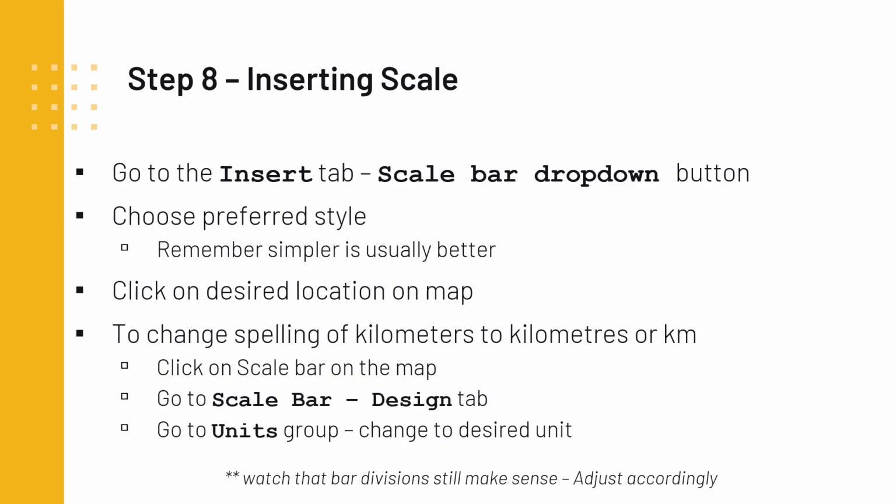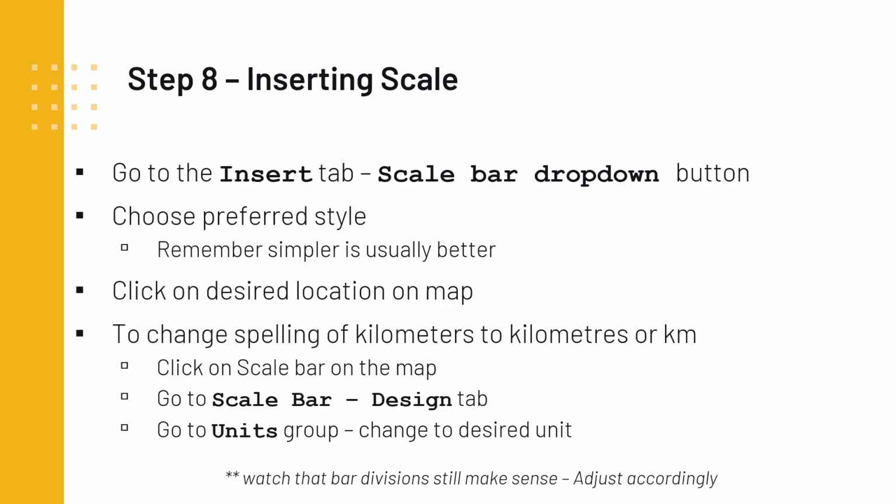If you'd like to adjust the spelling of kilometers from ERS to RES, which is typically an American versus a British spelling issue, or just change to KM, which is kind of standardized everywhere, you can right click on the scale bar on your map. If the scale bar panel doesn't open on the right side, you can right click and choose properties, and then it'll open on the right side.